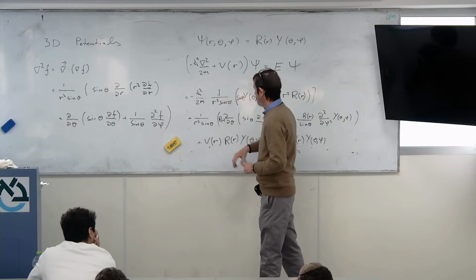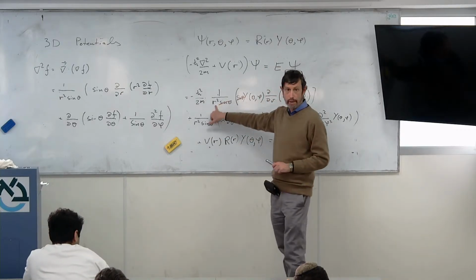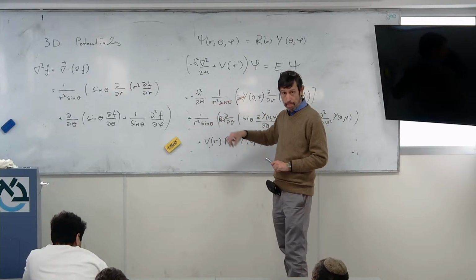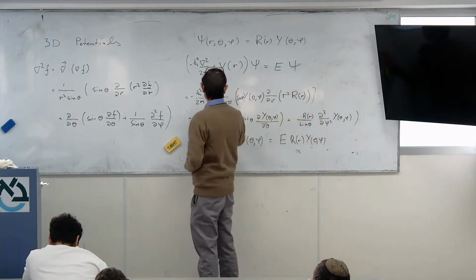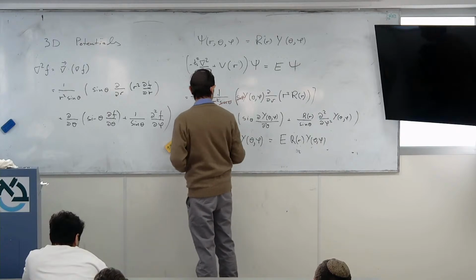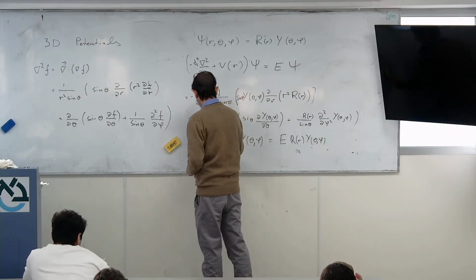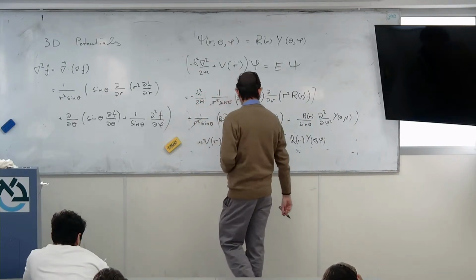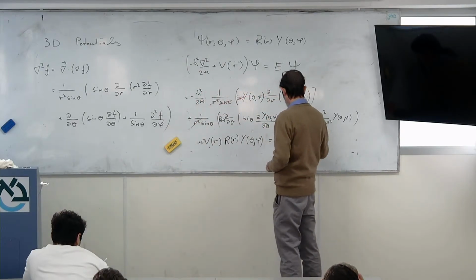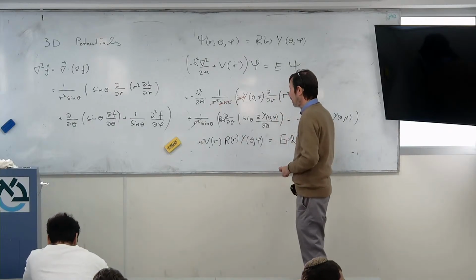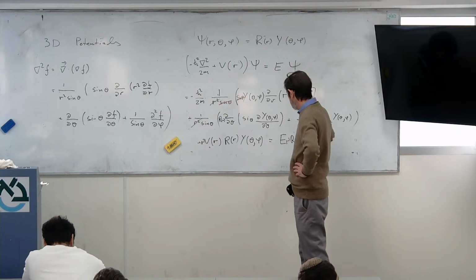so first thing I'll do, I'll multiply everything by R squared. So nothing here, nothing here. R squared here, and R squared here.